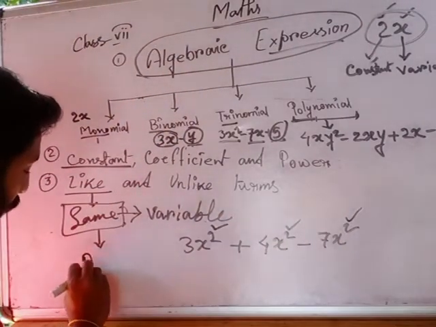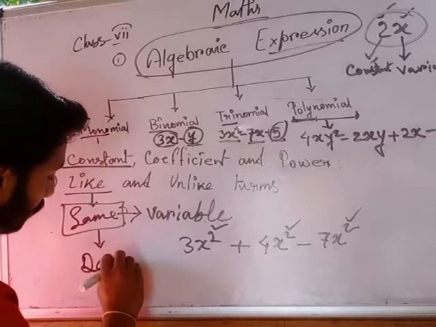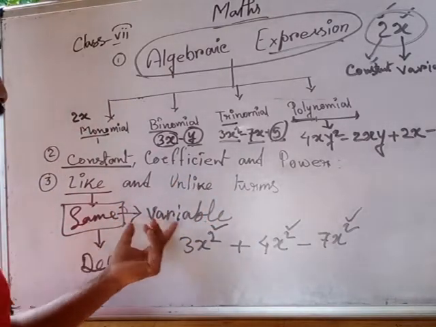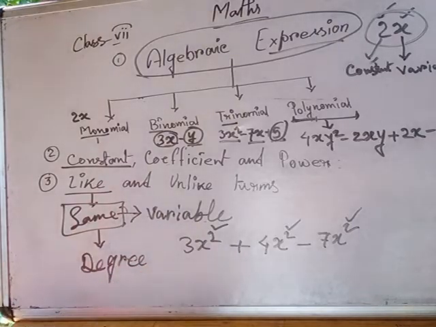If the terms have the same variable and degree, at that time they are called like terms.